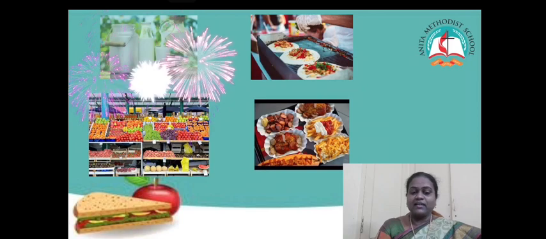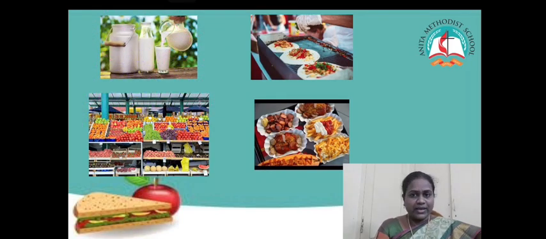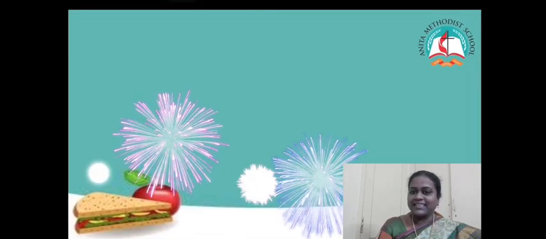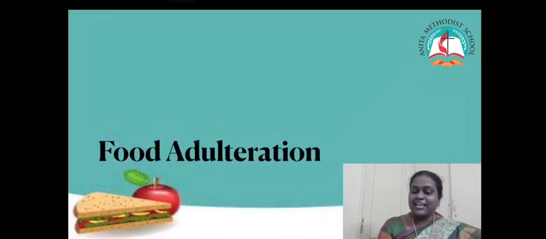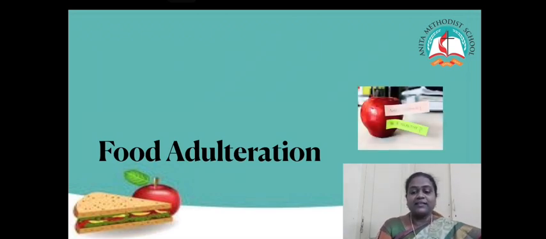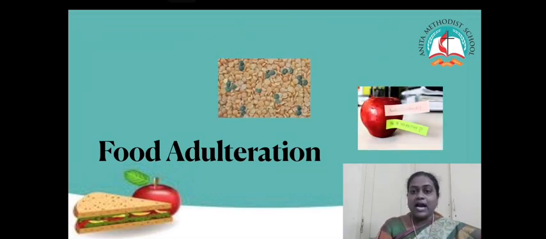Correct? We don't know whether unwanted substance is added to the food. Without knowing, we buy food. Correct, children? So, if the food is added with unwanted substance, we call it food adulteration. So today's topic is food adulteration.